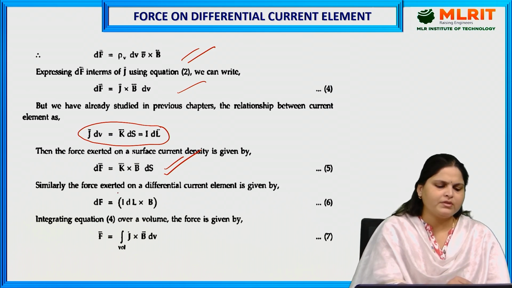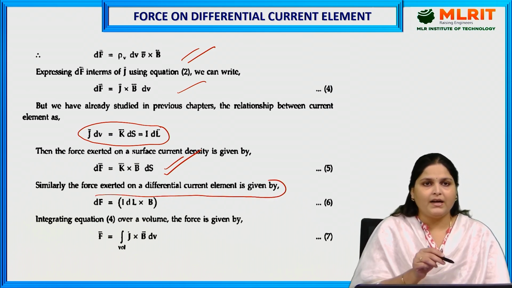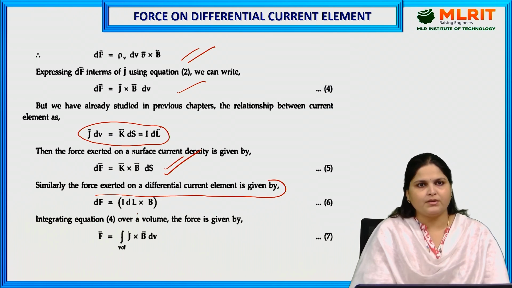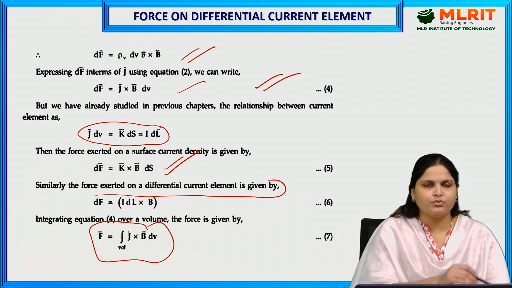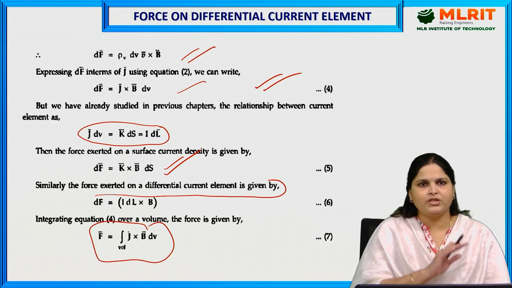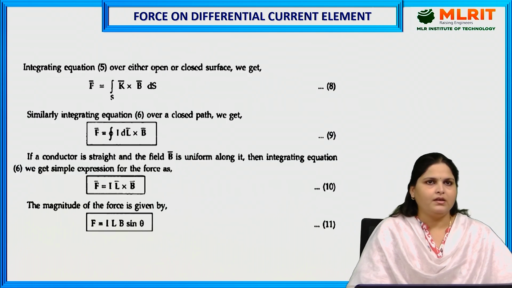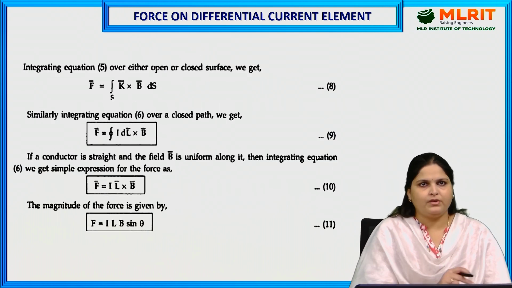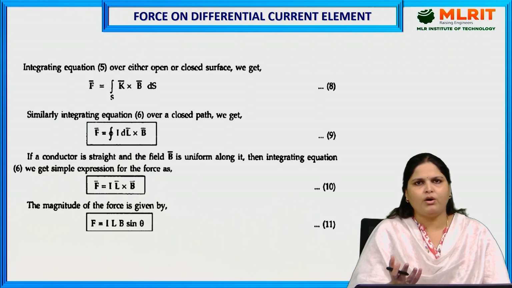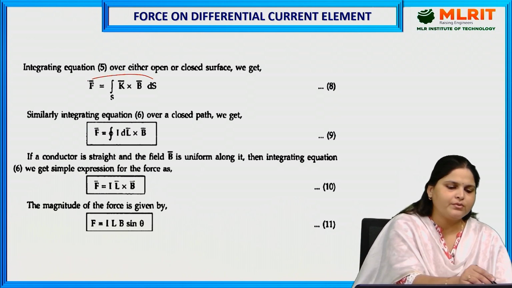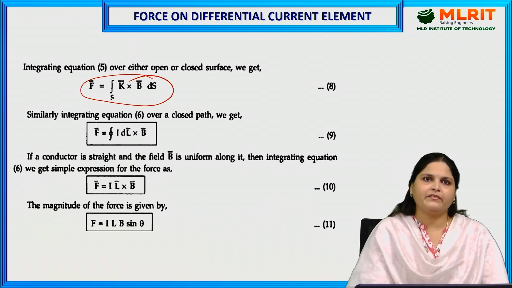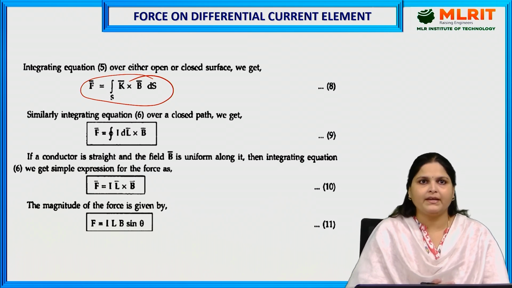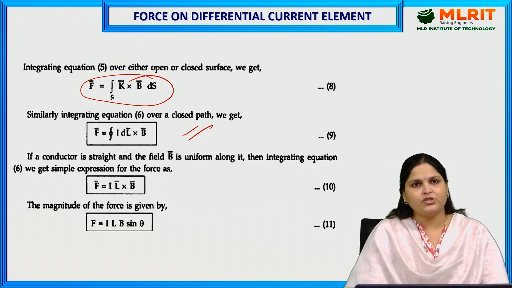Similarly, we can find the force exerted on a differential current element, given by dF equals I dl cross B. Now if you integrate equation number 4, we get F equals the volume integration of J cross B. Next, we integrate equation number 5 over either an open or closed surface, and we get F equals the surface integration of K cross B. Similarly, we integrate equation number 6 over the closed path, and we get F equals the integration of I dl cross B.